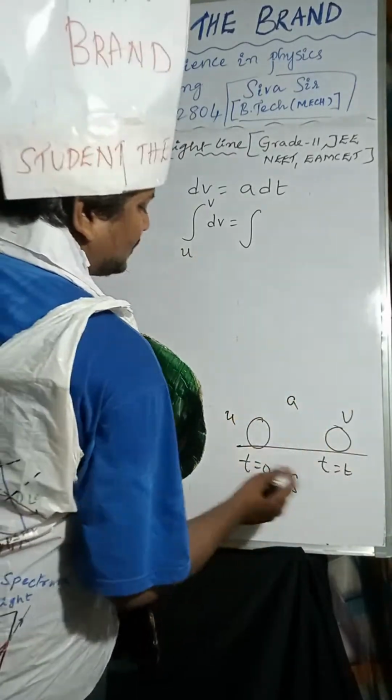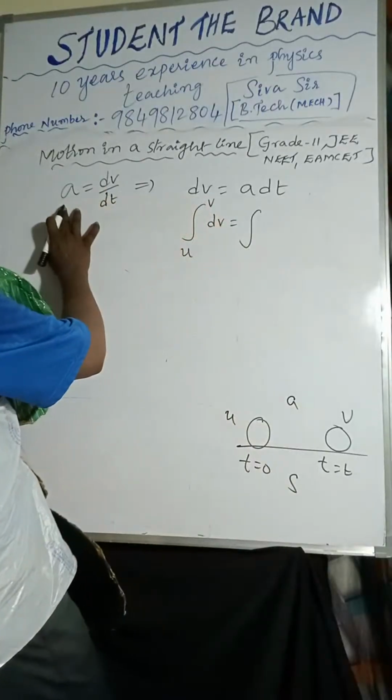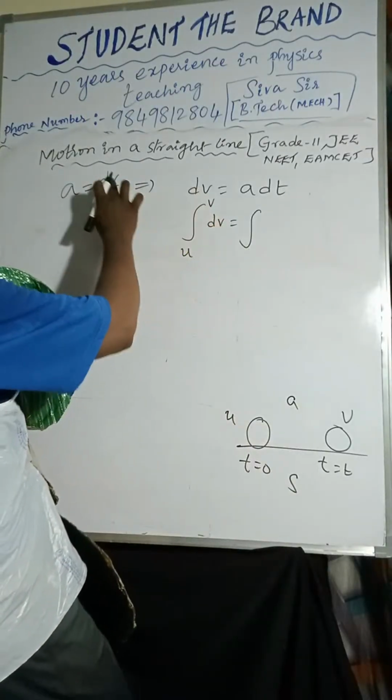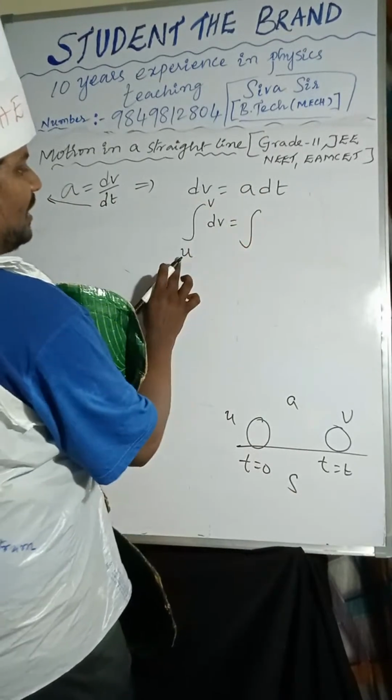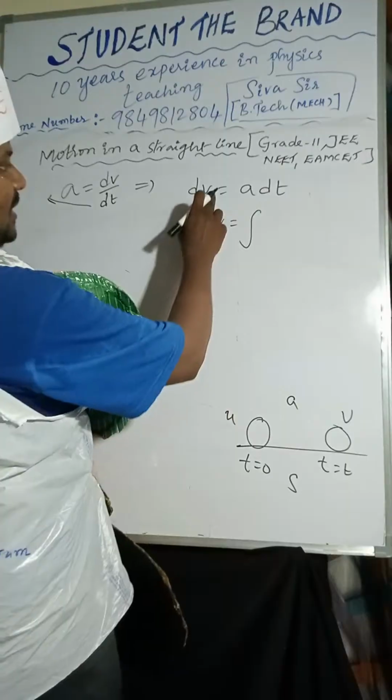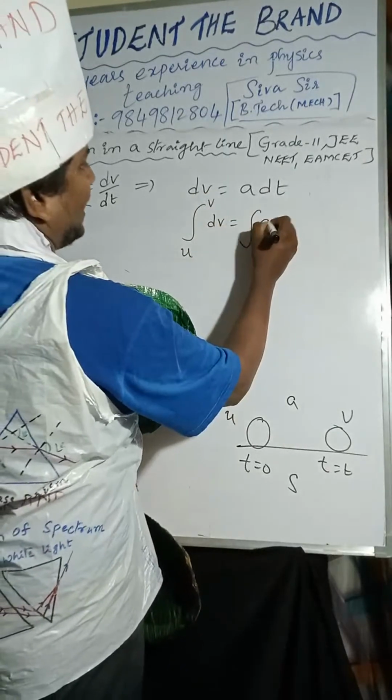So acceleration equal to dv by dt, that is dv equal to a dt. Integration with limits initial velocity and final velocity for dv, and a into dt.